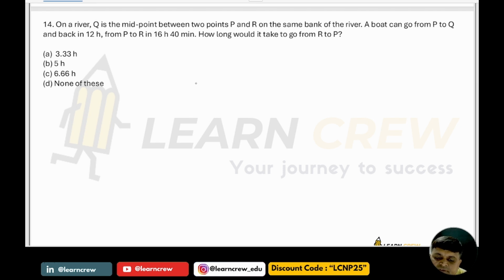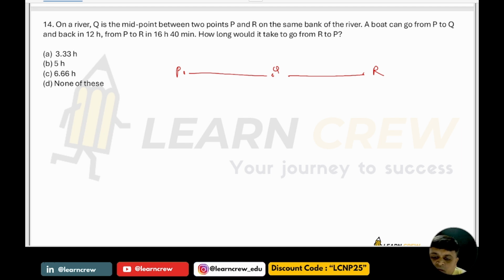See here what is given. This is P, this is Q, this is R. Q is the midpoint between P and R. A boat can go from P to Q and back in 12 hours.